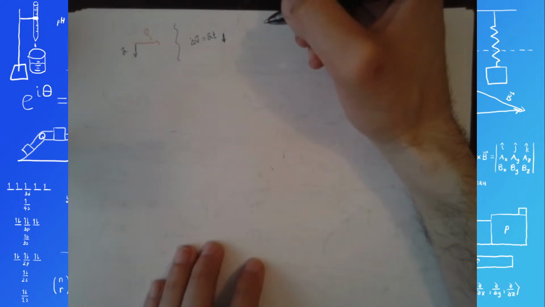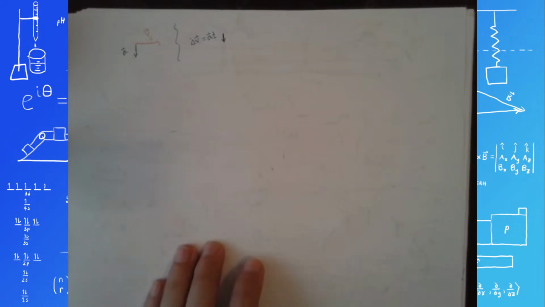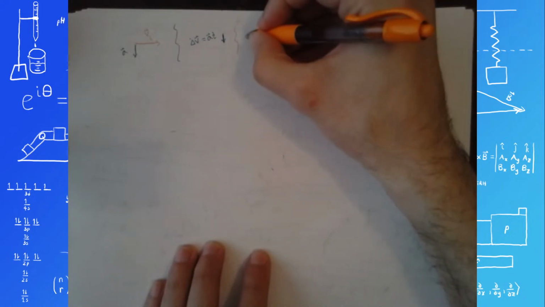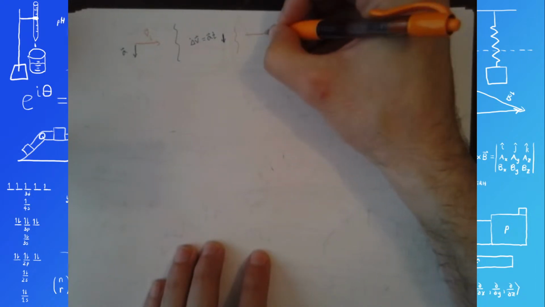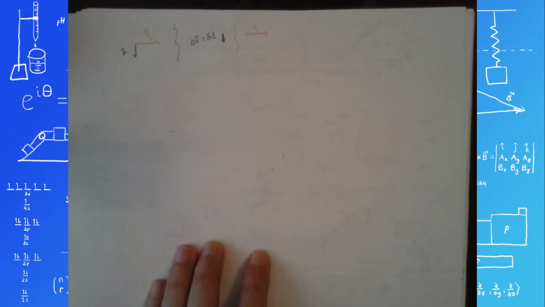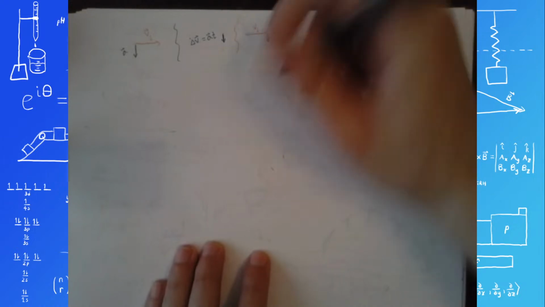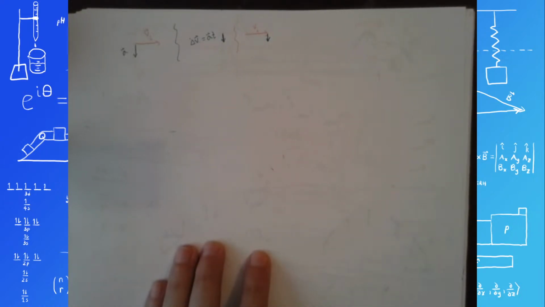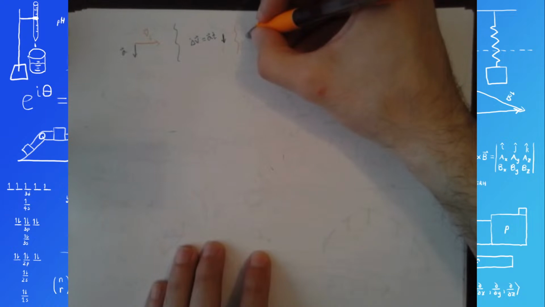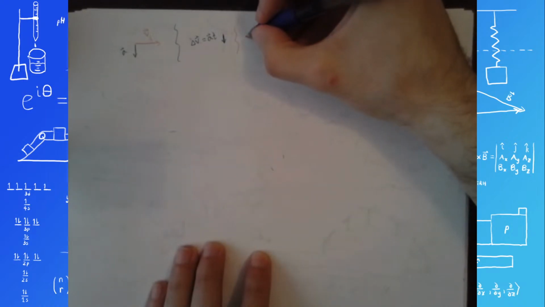And let's say I want to add that to my V initial. So if I draw tail to tip addition, V initial plus delta V equals V final.